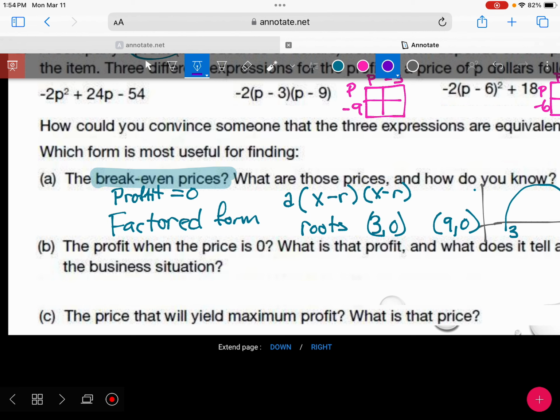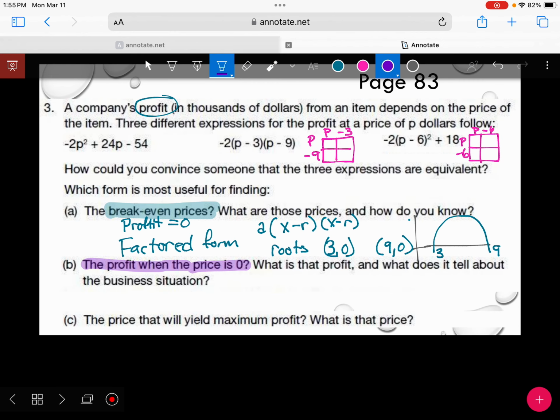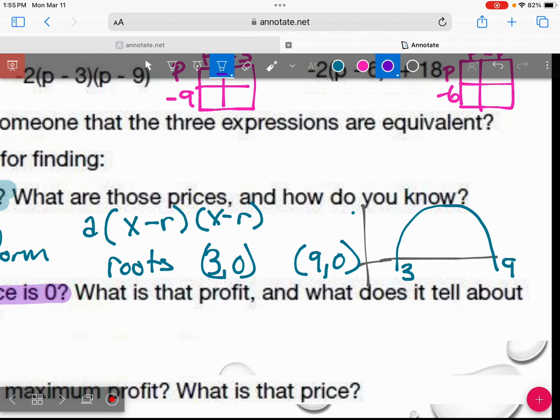What is our profit when price is 0? I'm going to draw it on the board just so we can talk about this.